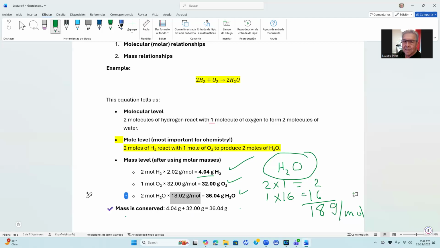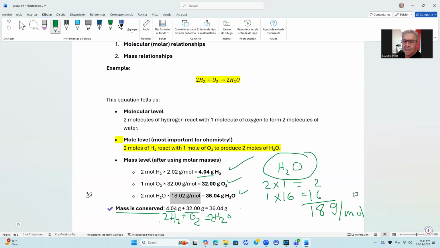As the mass is conserved in a reaction, you can say that the contribution of hydrogen, of the 2 molecules of hydrogen, plus the contribution of one molecule of oxygen, this plus this, must be equal to the contribution of the two water molecules.